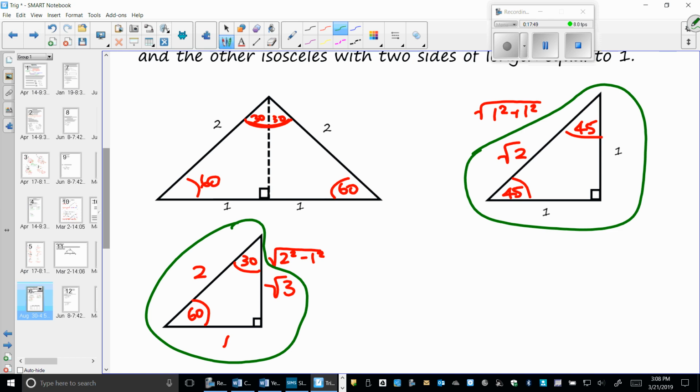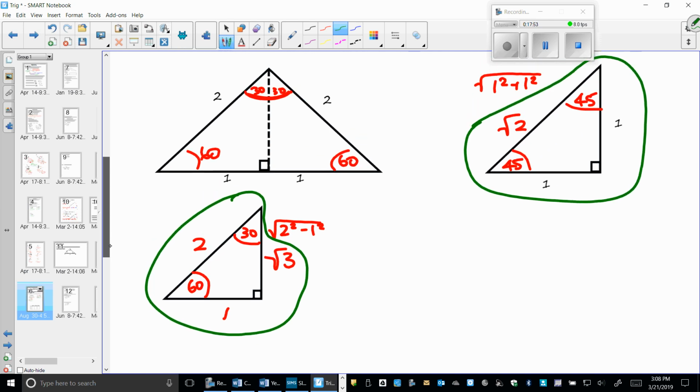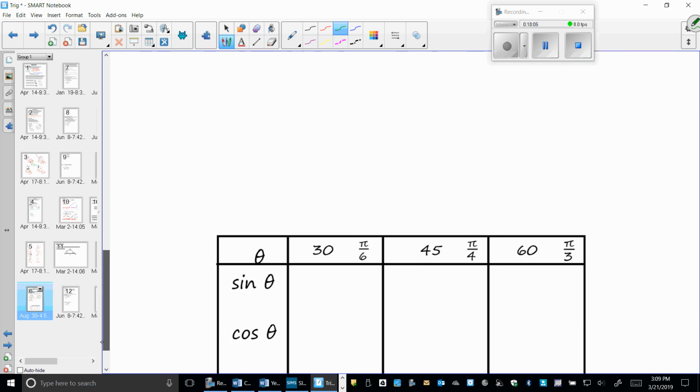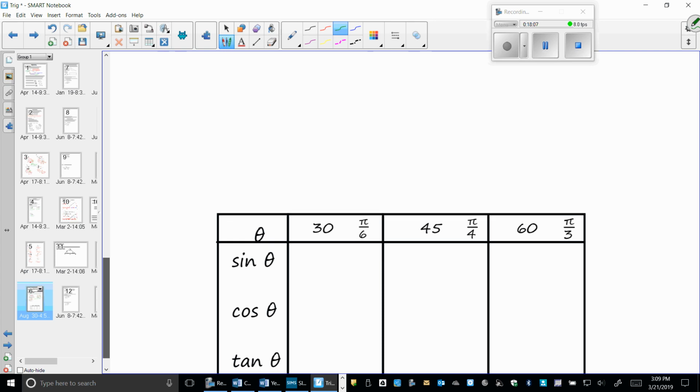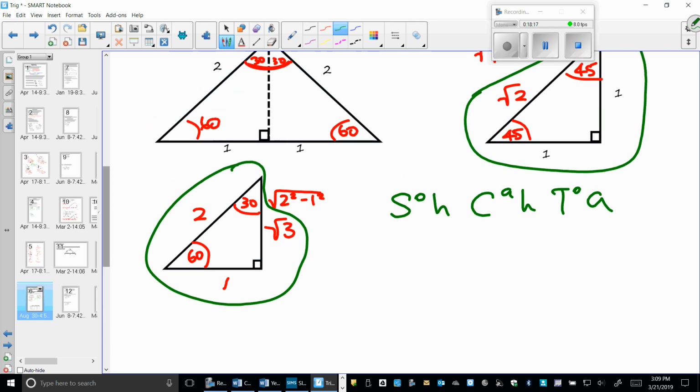So there's the 2 triangles. Now, how does that help? Well, we know SOHCAHTOA involves these lengths. If I'm looking at sine and trying to find the sine of 30, I'm going to find my triangle.